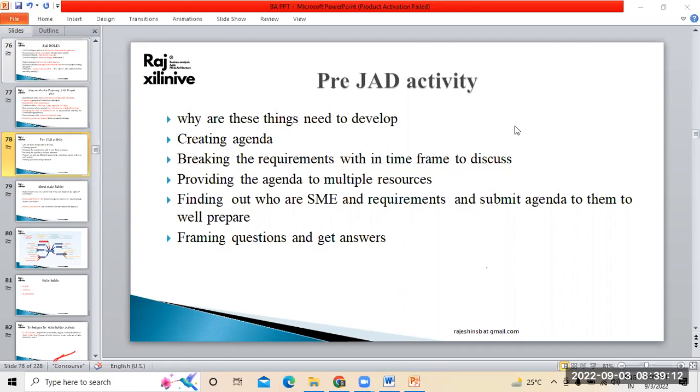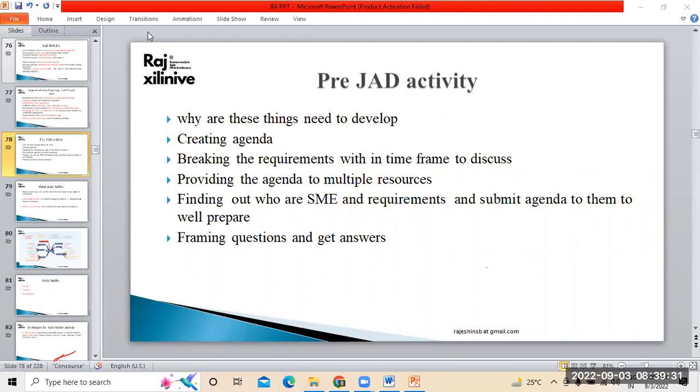To cover all the points, what do we need? You need to have complete clarity on what we are discussing and within how much time frame it is to be completed. That's what is required.